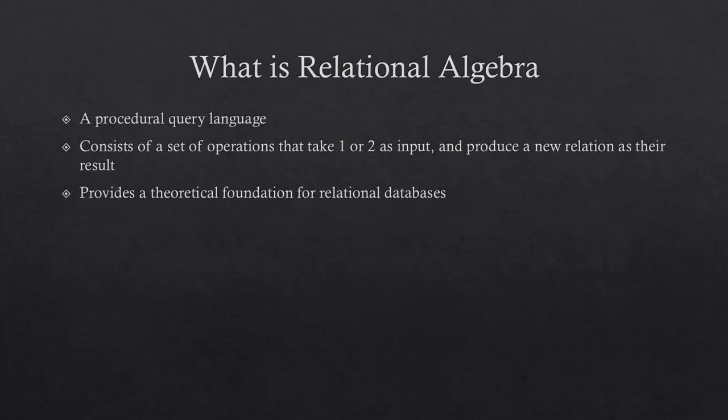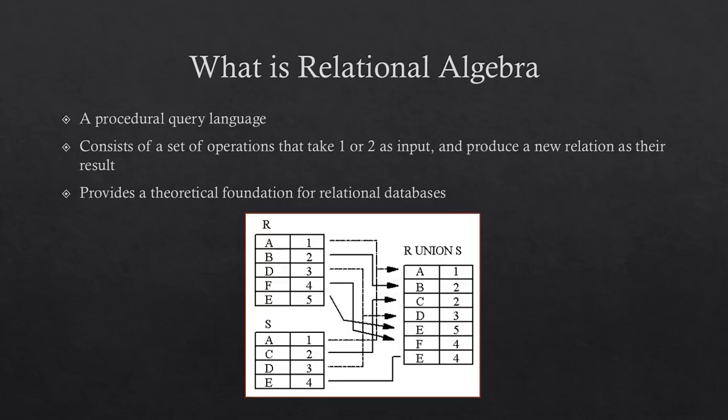Now, if we have algebra, what's relational algebra? As written here, relational algebra is a procedural query language. It consists of a set of operations that take one or two relations as input and produce a new relation as their result. Now, this provides a theoretical foundation for what we know now as relational databases.